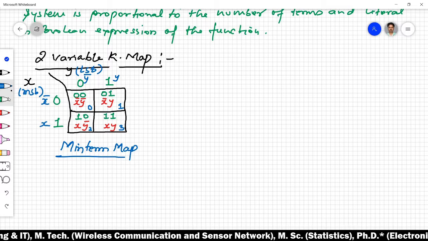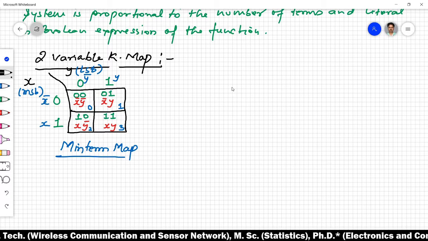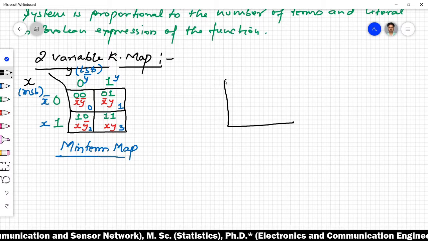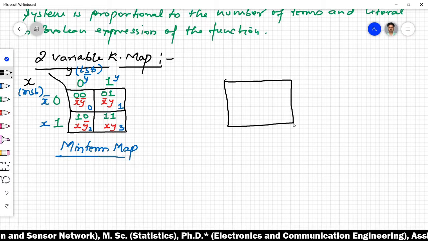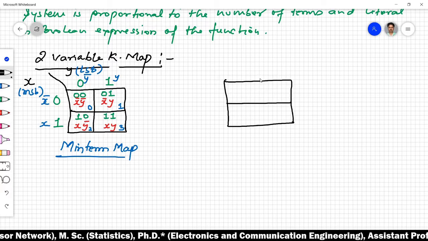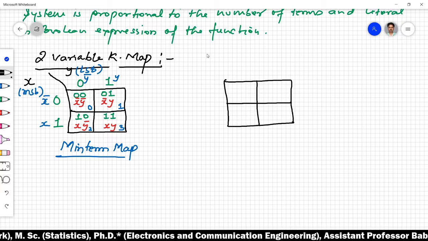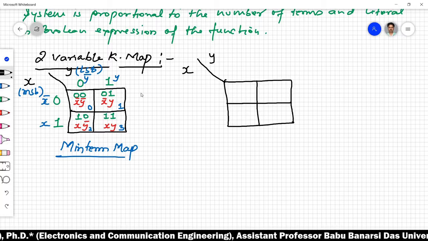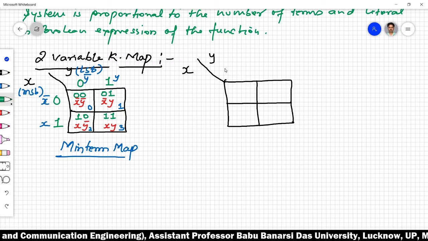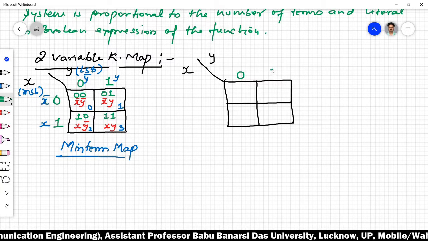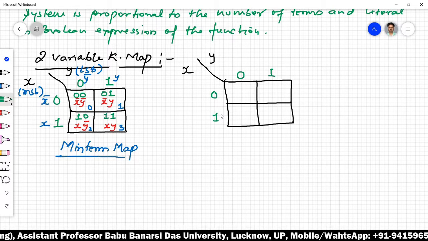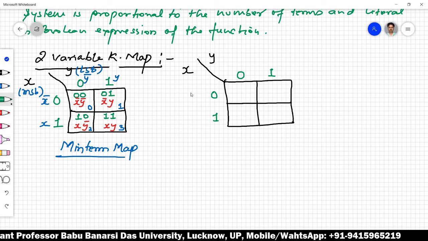Now let us also discuss the max term map. So we will discuss the two variable max term map, in which again we consider two variables x and y, and with x and y we have values 0 and 1.